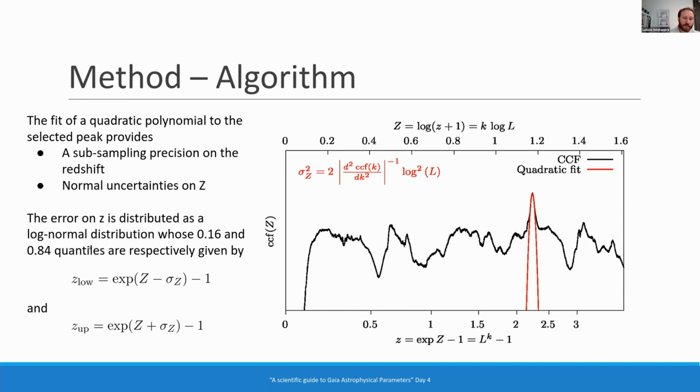What we have then is that the 0.16 and 0.84 quantiles, which roughly correspond to the classical 1 sigma limits, are given by this formula. Actually, the sigma z is retrieved from this fit of a quadratic curve.